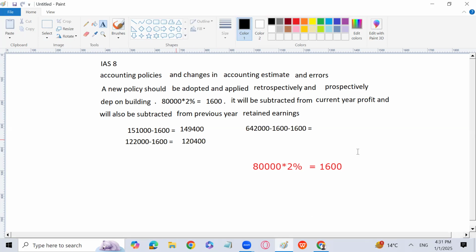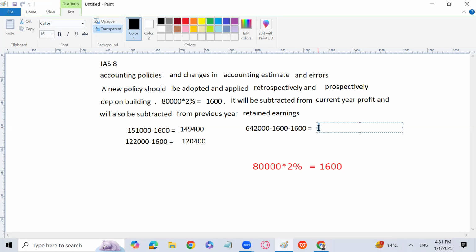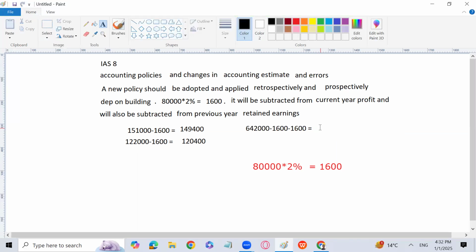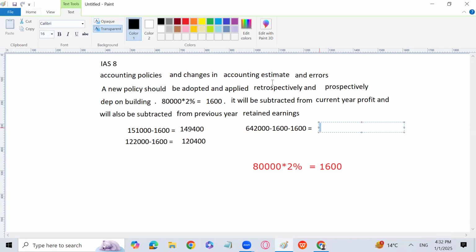So the depreciation for both the years will be subtracted from the non-current asset, and the financial statements are going to be adjusted retrospectively. This is the concept we have studied according to this standard, which is known as IAS 8, Accounting Policies, Changes in Accounting Estimates and Errors.